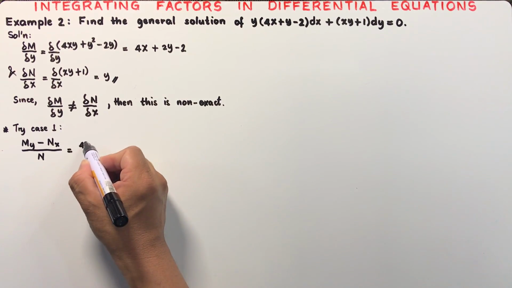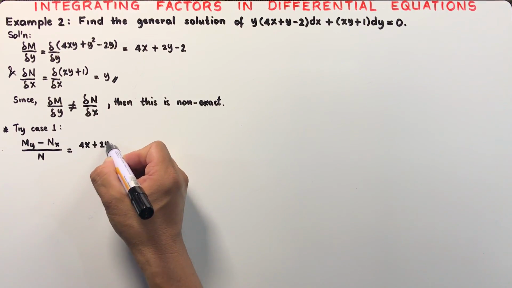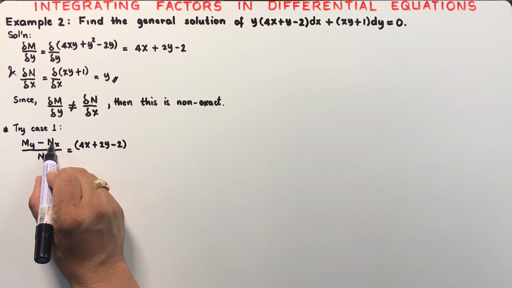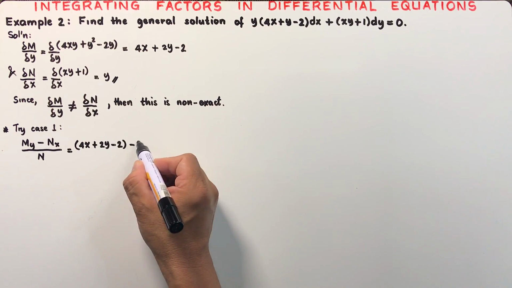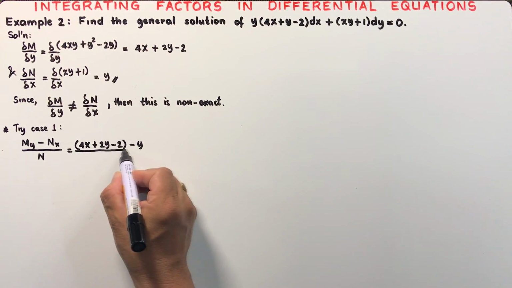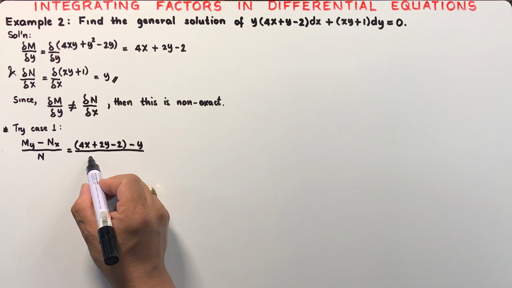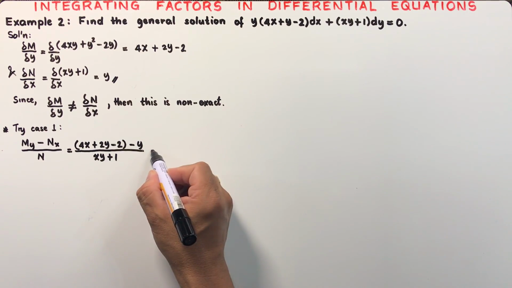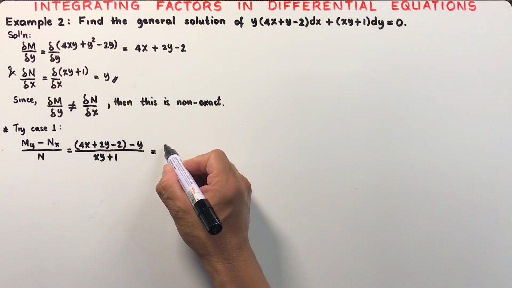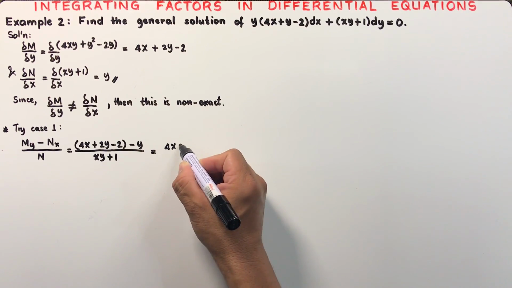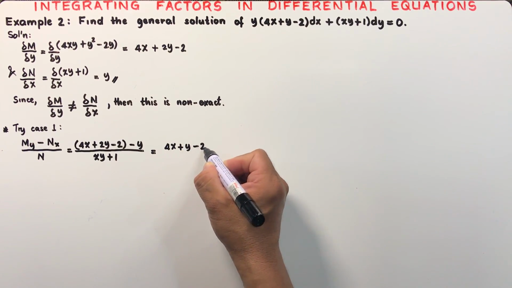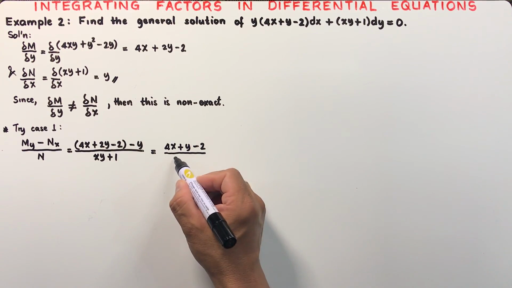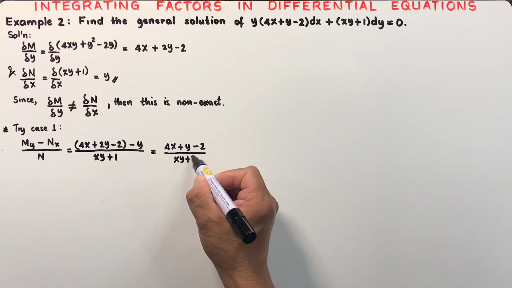So we have 4x plus 2y minus 2 when subtracted by the partial derivative of N with respect to x, which is y, and this is divided by our N, which is xy plus 1. We have the result as 4x plus y minus 2, because 2y minus y is y, and this will be divided by xy plus 1.